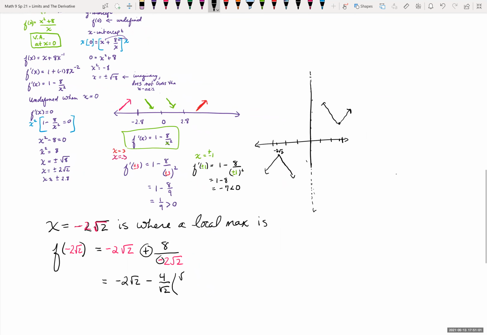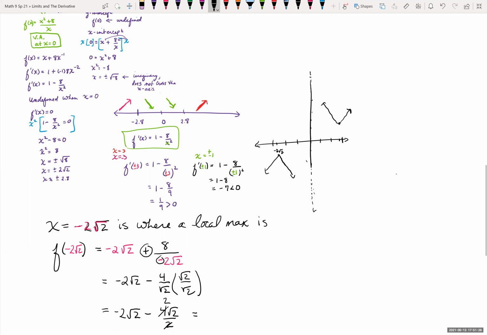I can rationalize my denominator by multiplying by root 2 over root 2. So I get -2 root 2 minus 4 root 2 all over 2. 2 goes into 4 twice. We have like terms because we have the same radicand underneath.